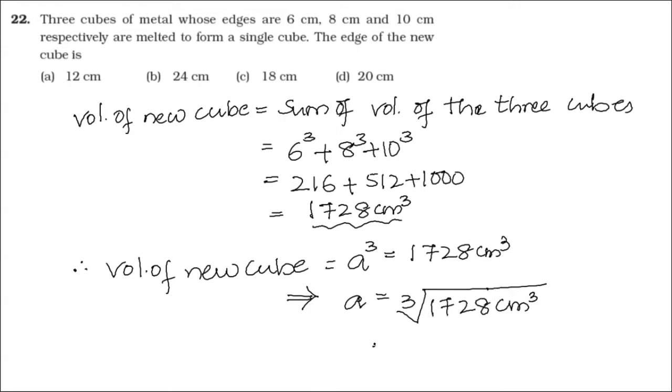You must also know that the cube root of 1728 is 12 centimeter. Suppose you don't remember the cube root, then you have to follow prime factorization and find the cube root. It will be 12 centimeters. So the right answer is option A.